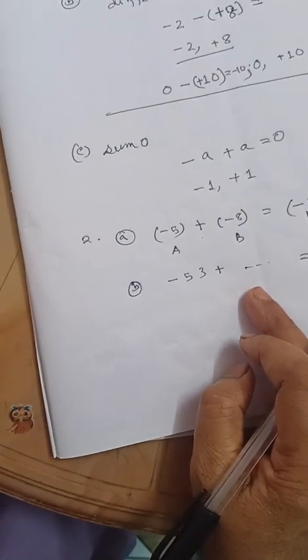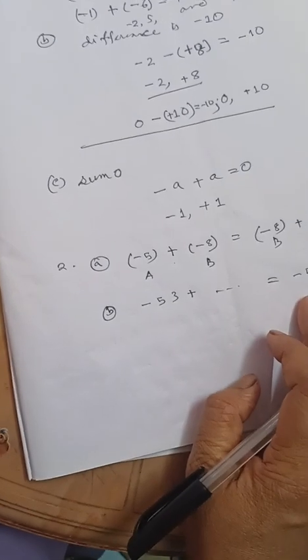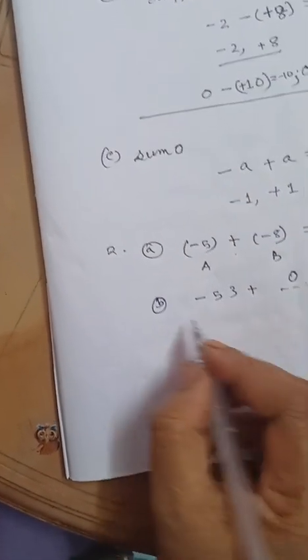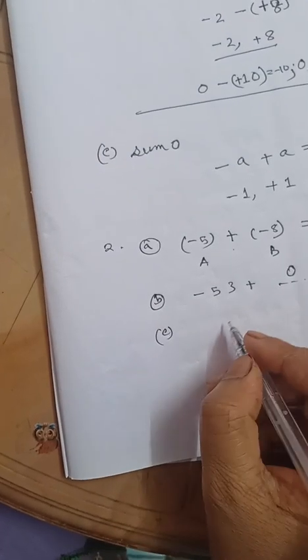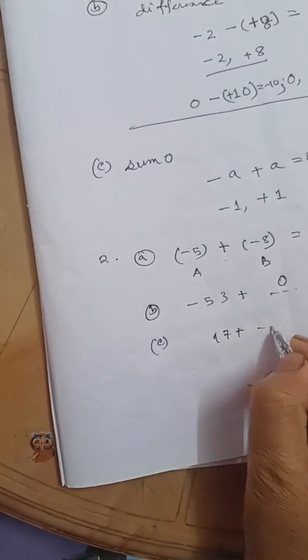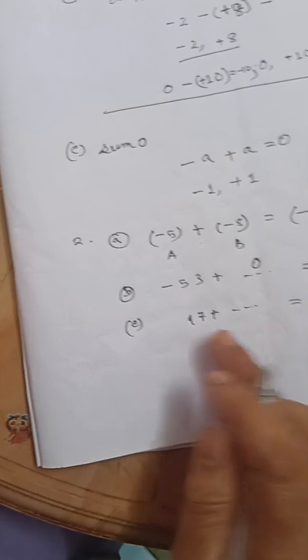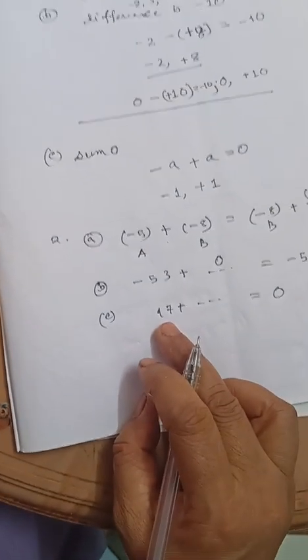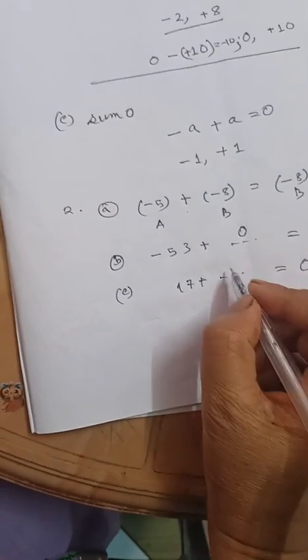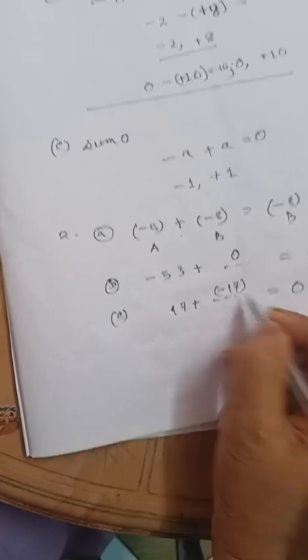When you add an integer, the value does not change. That is additive identity. That means 0. Then c, 17 plus blank is equal to 0. Their absolute values must be the same, and the sign will be different, minus 17.